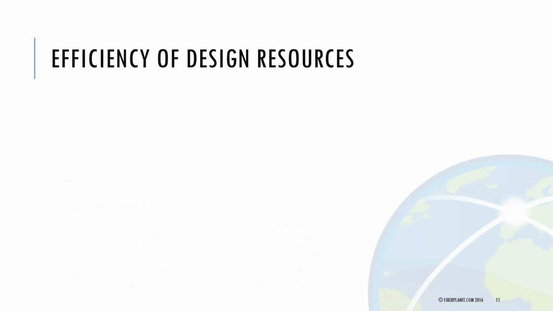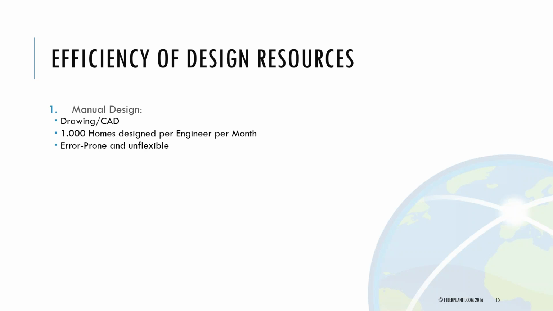Now, like I explained, FiberPlanIT uses automation to do your design, so you can have a very quick iteration to get a new network design. Let's compare this a bit with the manual design process. If you're doing a manual design, you draw your design within a CAD environment, probably, or some feedback that we received is that some people still do manual design in Google Earth, for example.